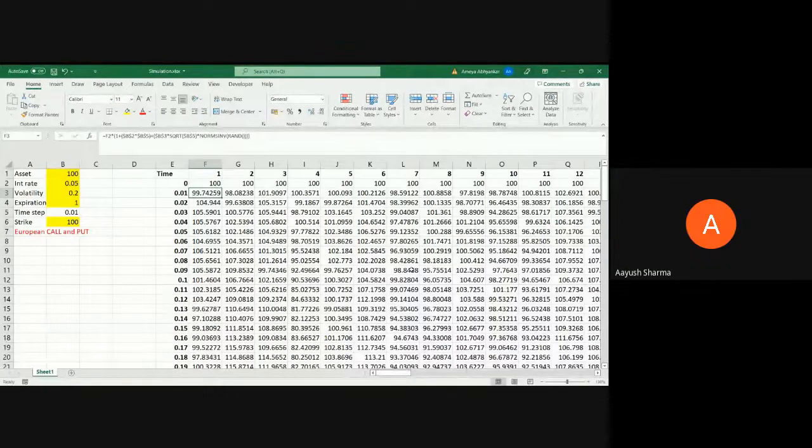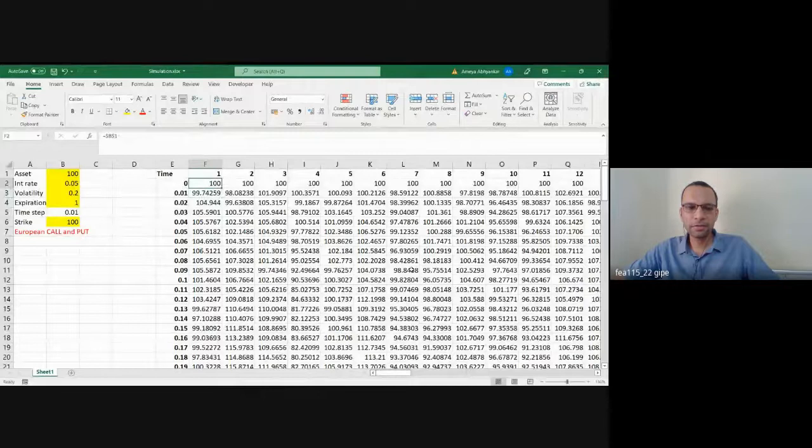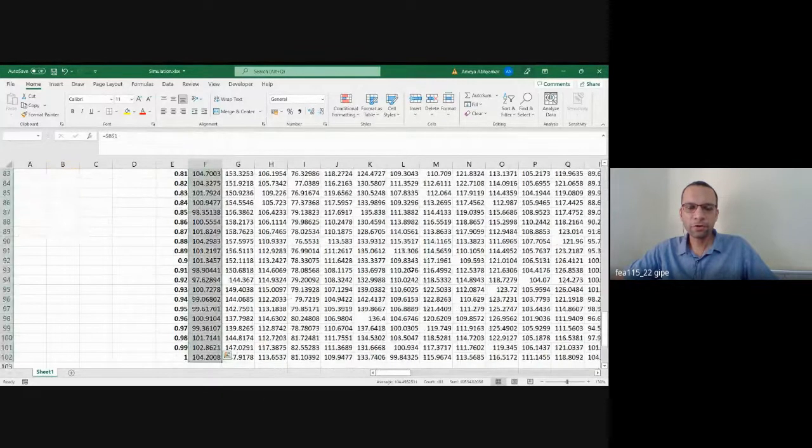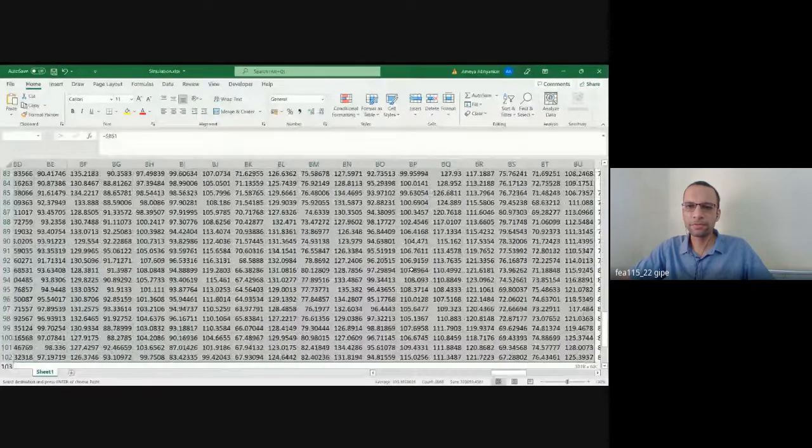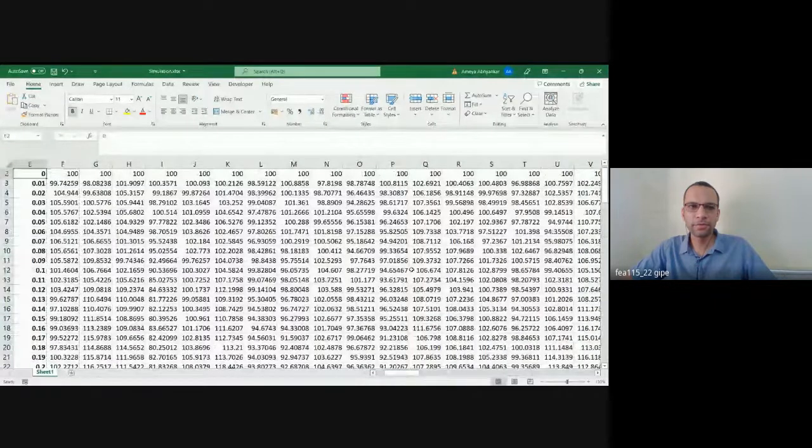Sir, how did you copy it into the 100 columns? So I just select this range from 100 up till 1 year. I say Control C and I just do a Control V here. So let me just delete that.